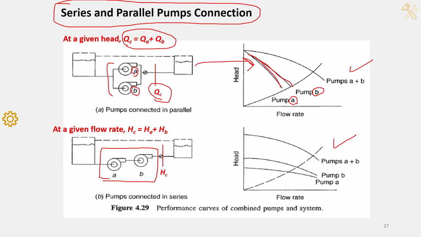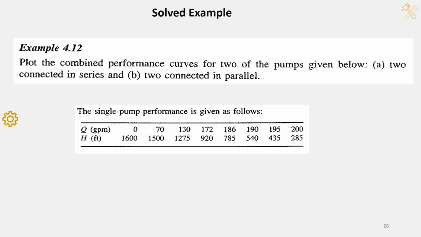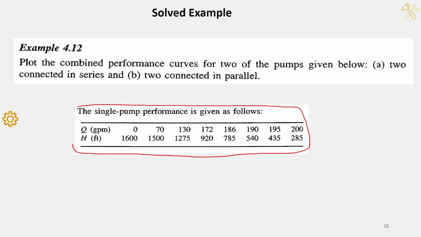Okay, and yeah, so I'm giving you here an example. This is the single pump performance. Sometimes you have two very similar pumps, and I can tell you that I want you to put these two pumps in series. What would be the corresponding head versus flow rate?